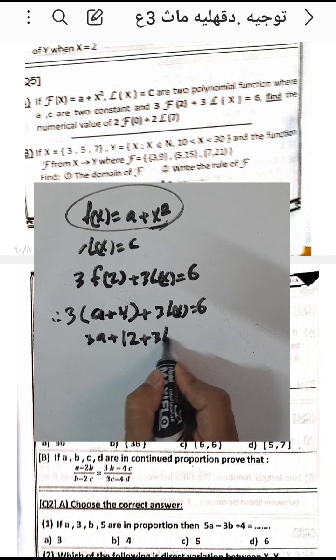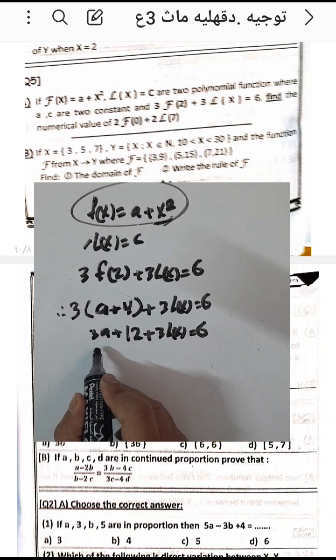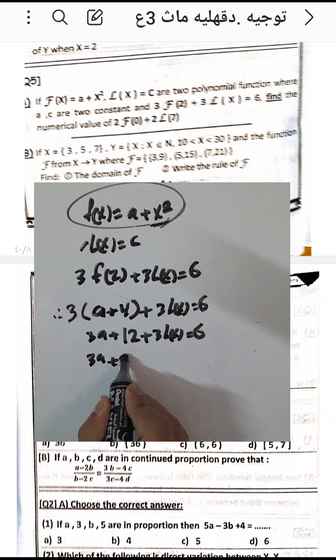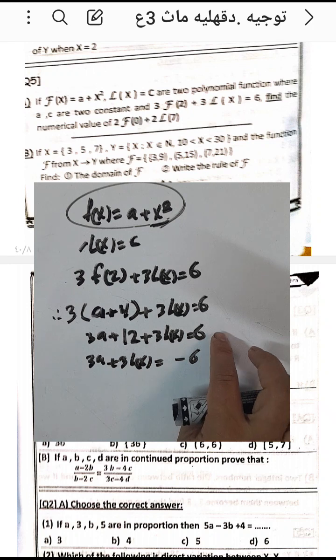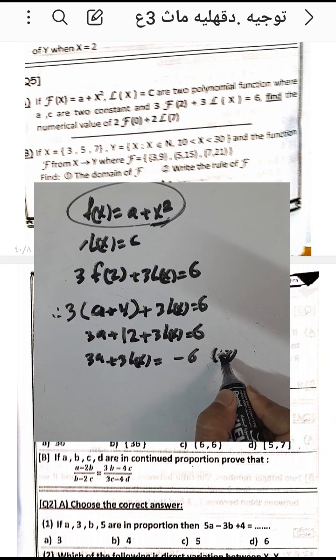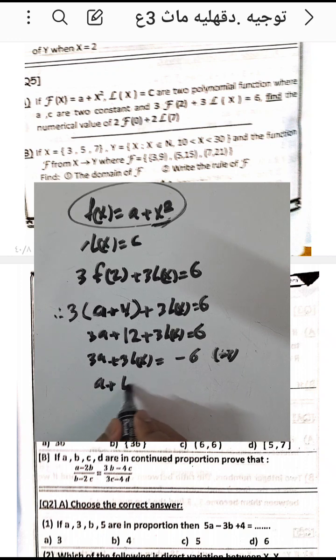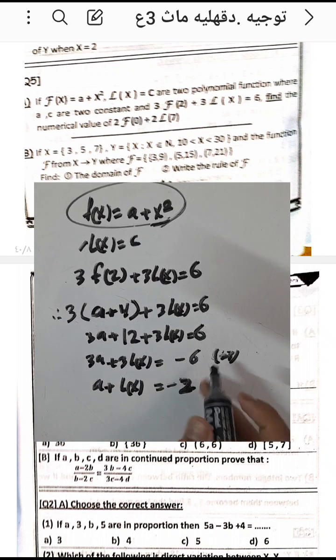Plus 3L of x equals 6. Then 3a plus 3L of x will be negative 6. Move the 12 here: 6 minus 12 is negative 6. And then divide it by 3. Then a plus L of x will be negative 2. 6 divided by 3, it will be negative 2.